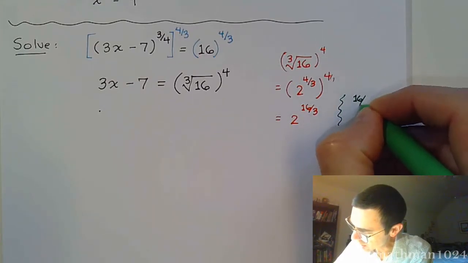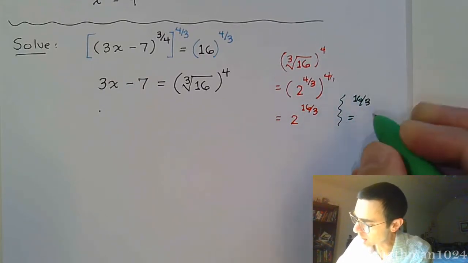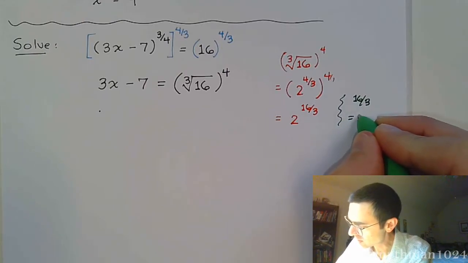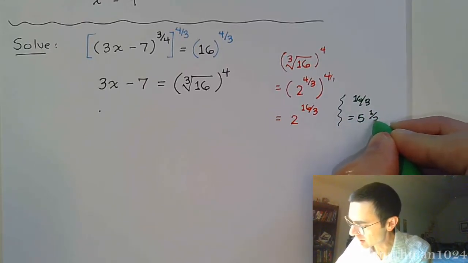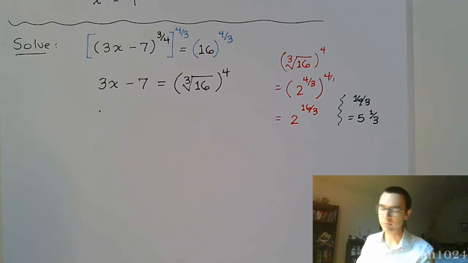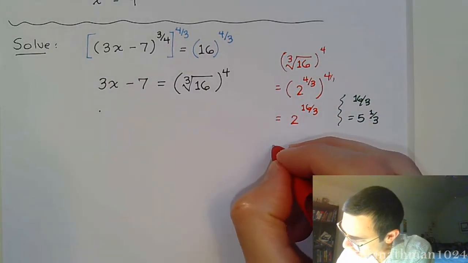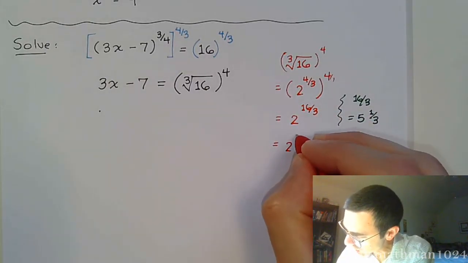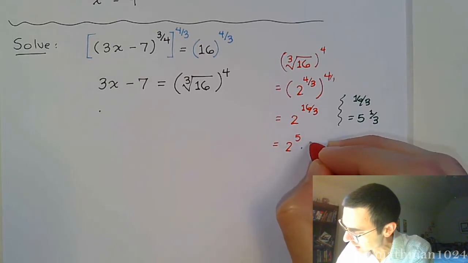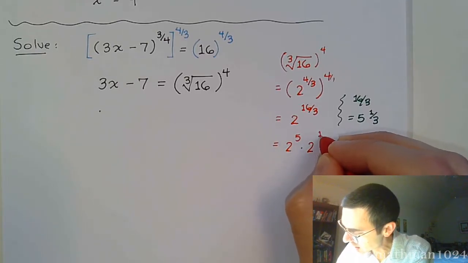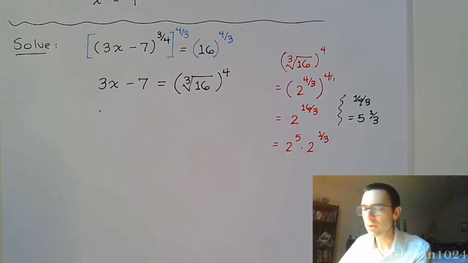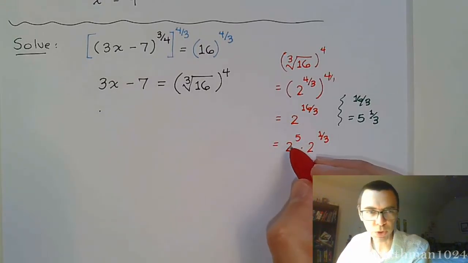remember that 16/3 is the same thing as saying 5 1/3. So that means I can now split this up to say that this is 2 to the 5th power times 2 to the 1/3 power. Okay, and again, the reason for that is, think about what happens when you multiply.